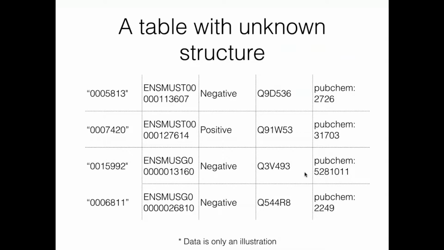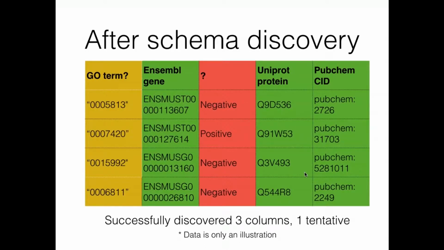So now we go back to this table I showed you before, the table with the unknown structure. So what can we identify here? We apply the Edelweiss inference engine, the Edelweiss knowledge base, to see what it finds. And it successfully identifies 3 columns, the Ensembl gene, the UniProt protein, and the PubChem CID, by looking at the pattern in this data.